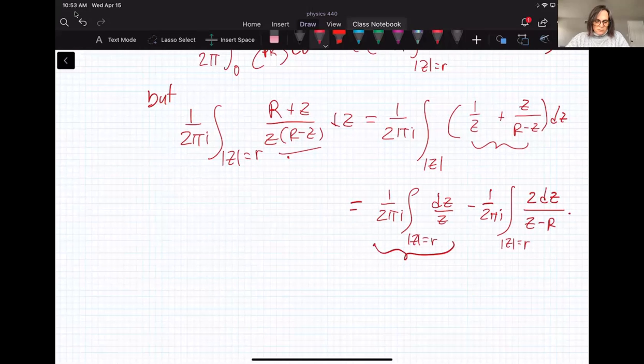So what's the value of that integral? The integral is 1, so it's 1 over 2 pi i. Yep, so this is equal to 1. What about this integral?